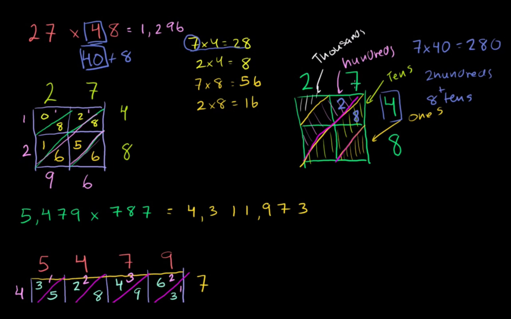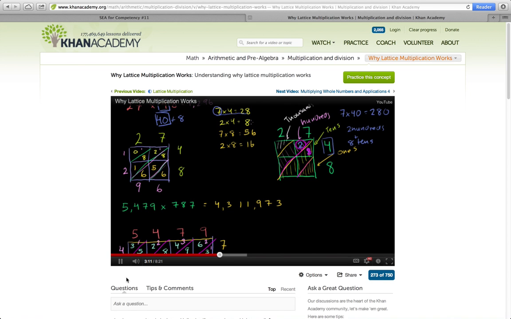And when we multiplied 7 times 40, we put the 8 right here in the tens diagonal. So that means 8 tens. 7 times 40 is 2 hundreds. We wrote a 2 in the hundreds diagonal, and 8 tens. That's what the 28 here is. We actually wrote 280. Let's keep going. When I multiply 2 times 4, you might say, oh, 2 times 4, that's 8. But what am I really doing?